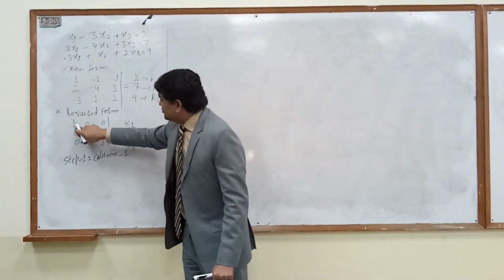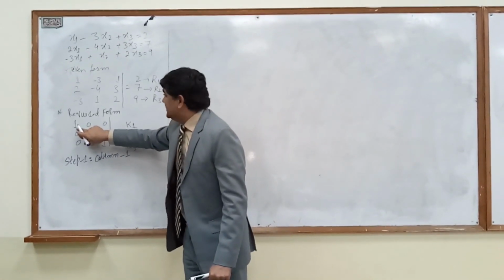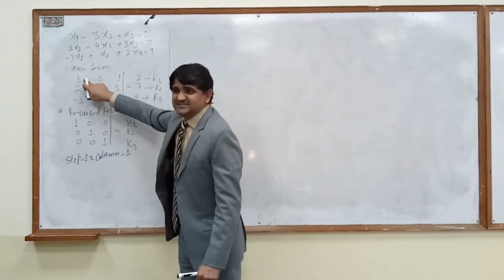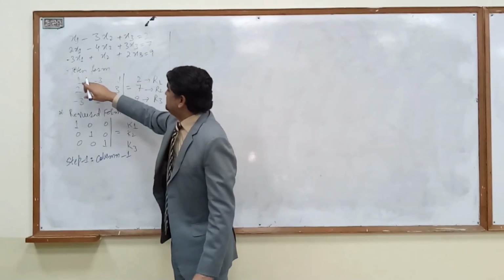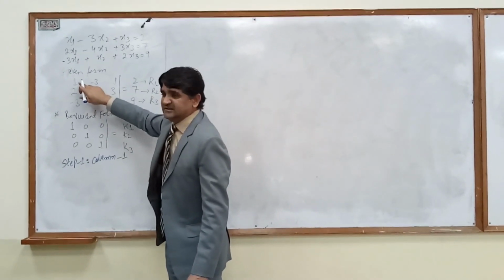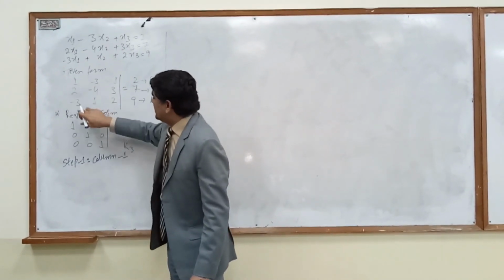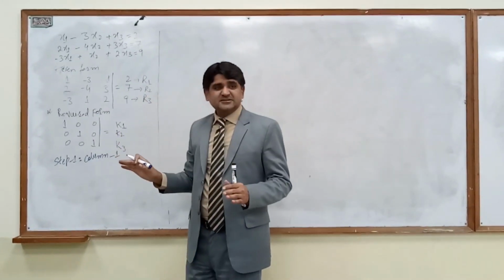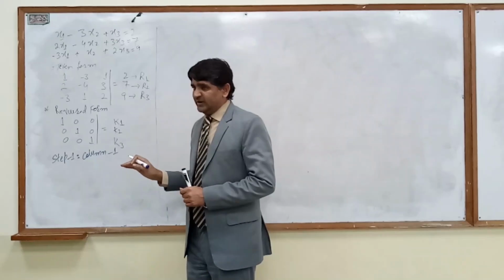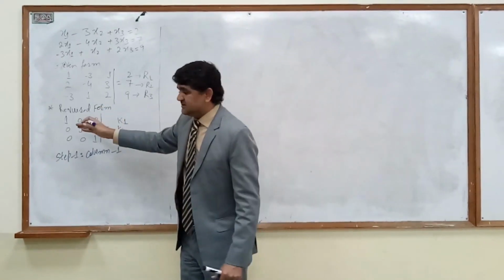What is required in row 1? 1. And 1 is given. So we are not supposed to simplify this, as the required form and given form are the same. Row 1 is already resolved.